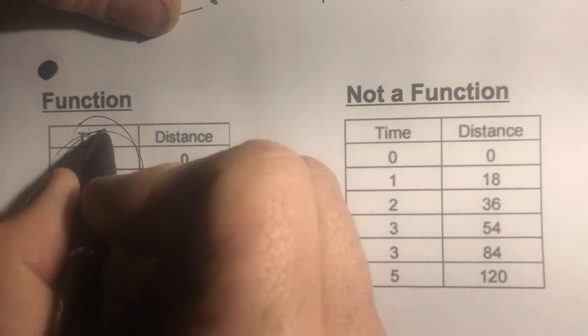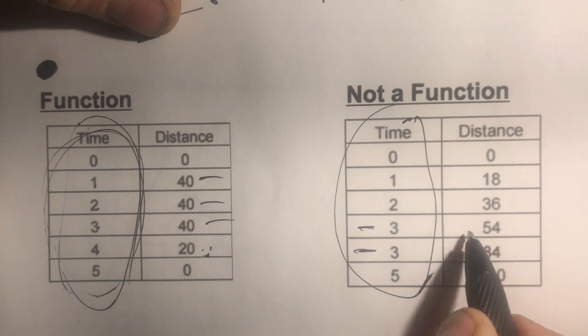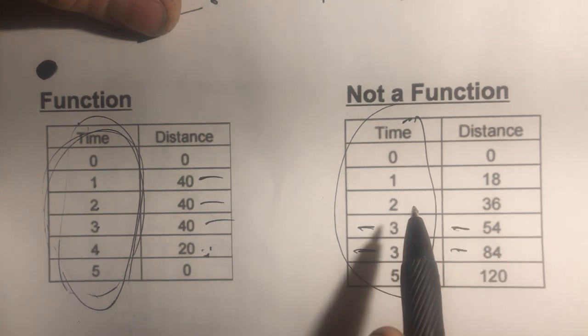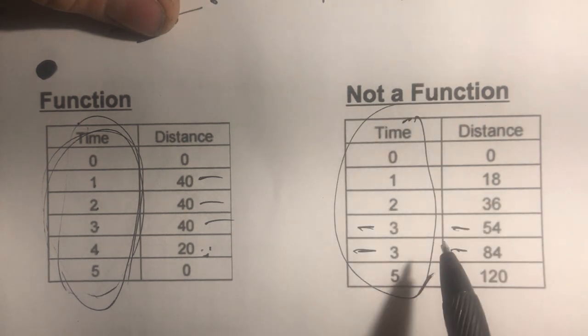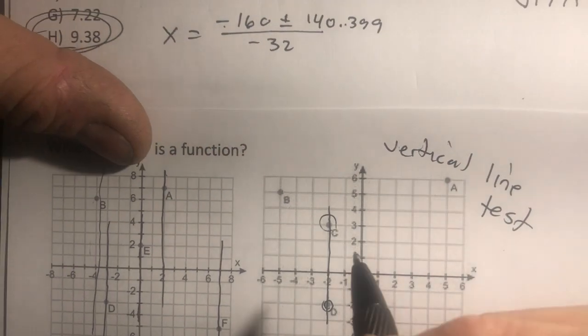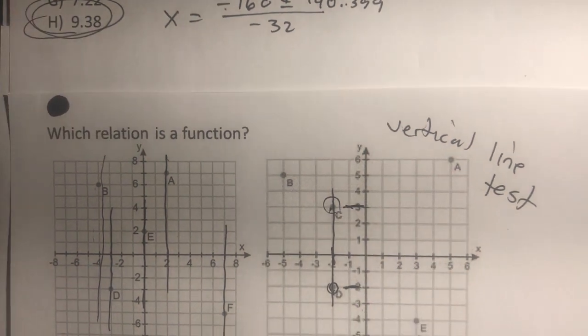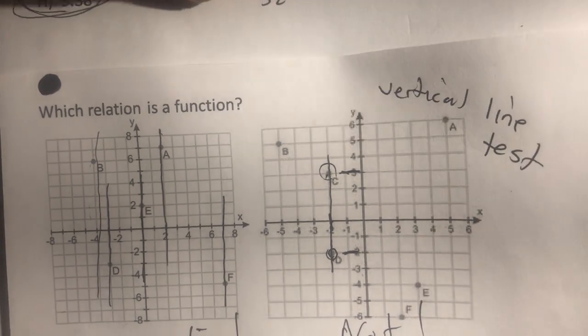But there's no repeats here. On this one, look there. I got repeats right there. And see, they got different numbers after them. This makes it not a function because I have two y values with one x value. It's the same thing I have going on here. See, at this x value of -2, there's two y values. I got 3 and -2. There's two y values there, so that shows it's not a function.